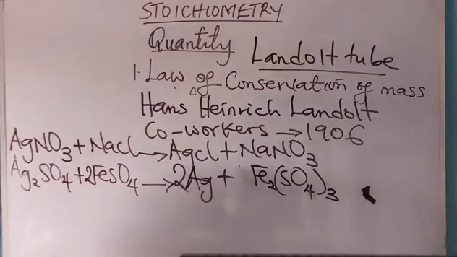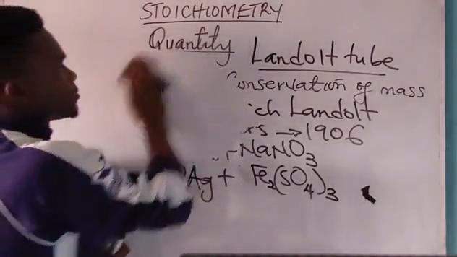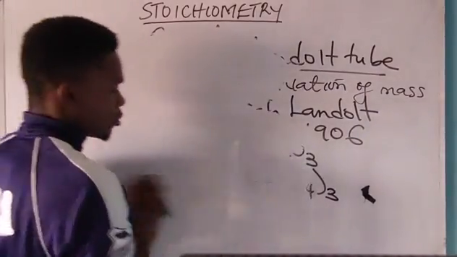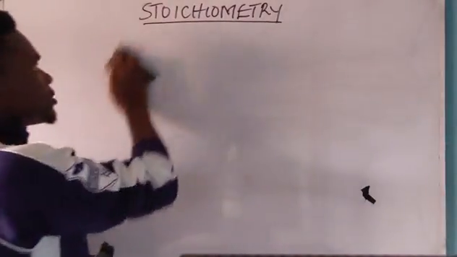Now the next one we are going to be taking is the mole concept, or the concept of mole. What is a mole? Mole, of course, can be represented as numbers.